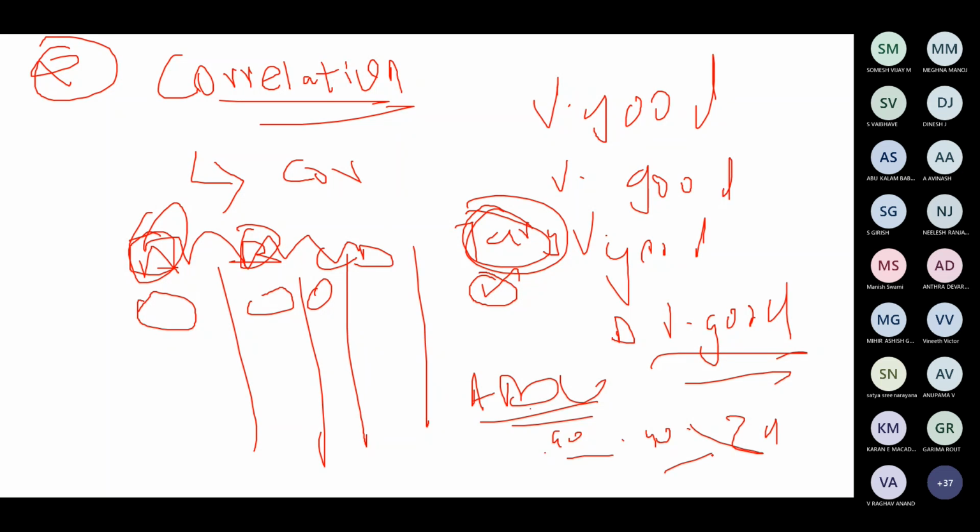So A, B, and C are highly correlated with each other. It means that B and C are duplicate, or A and B are duplicate, or A and C are duplicate, whatever it is. You can take out of these three features only one feature, either A or B or C, and you can remove the other two features because all three are highly correlated with each other.